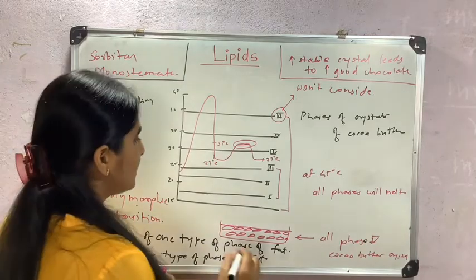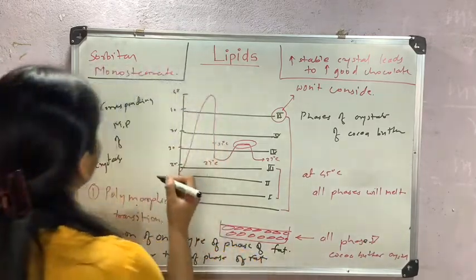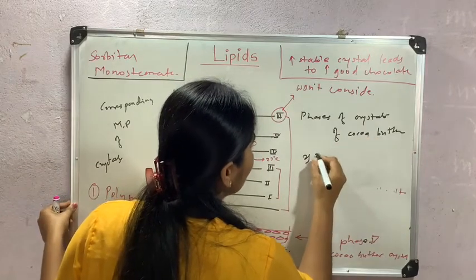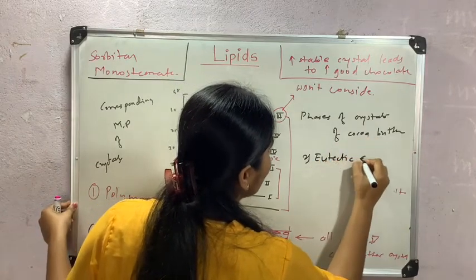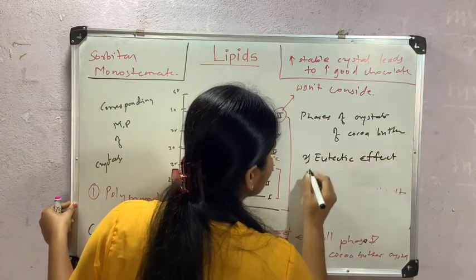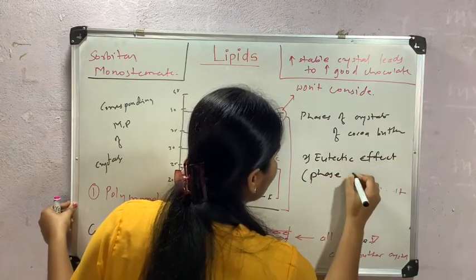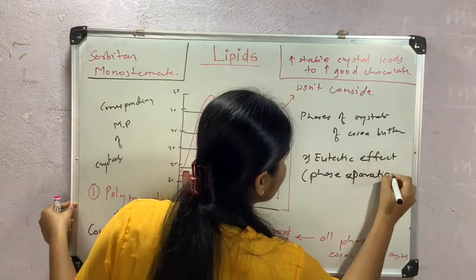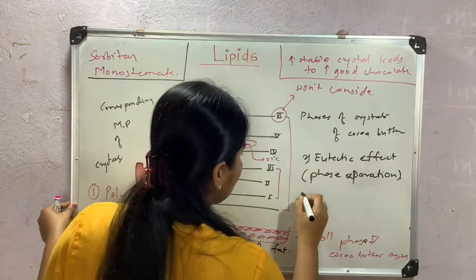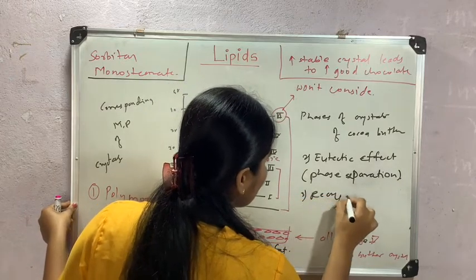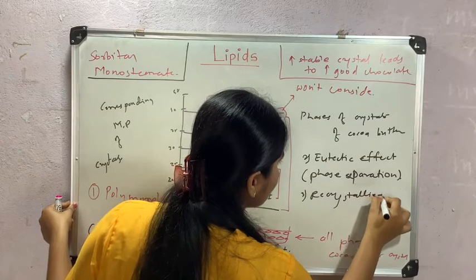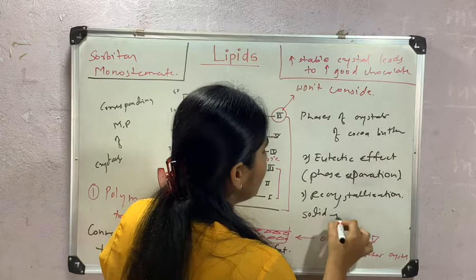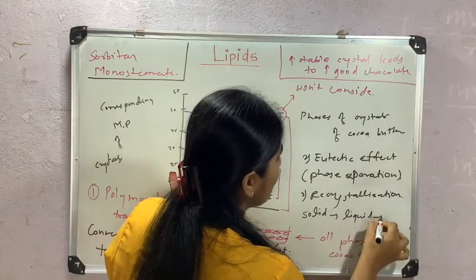Second is the eutectic effect. Due to phase separation, there may be fat bloom. Then third is recrystallization, that is from solid to liquid, and again to solid.